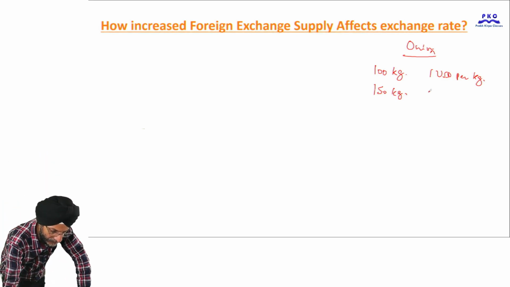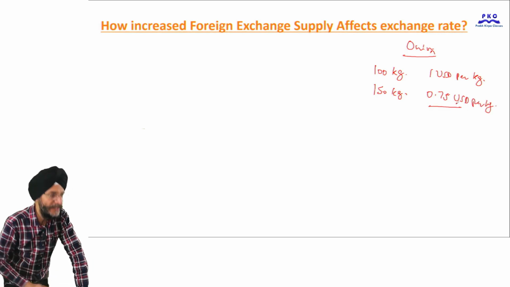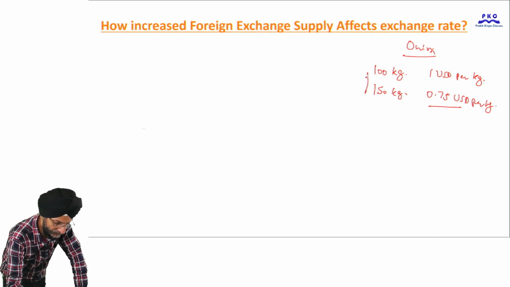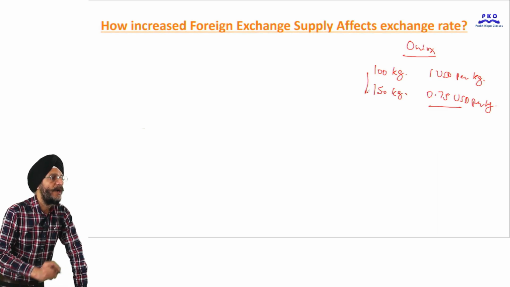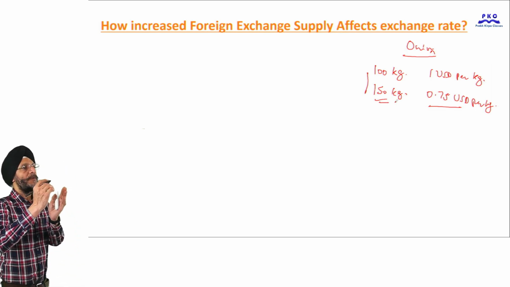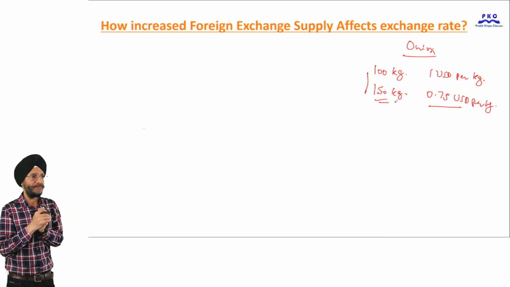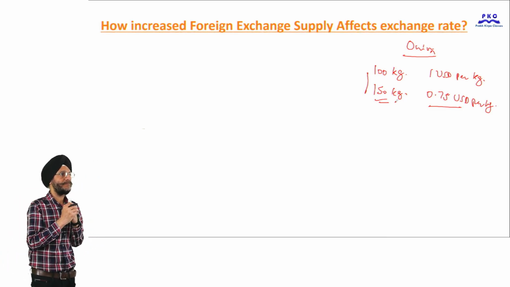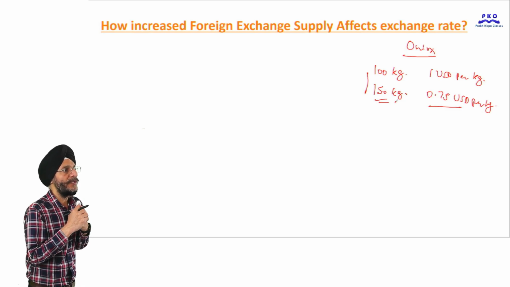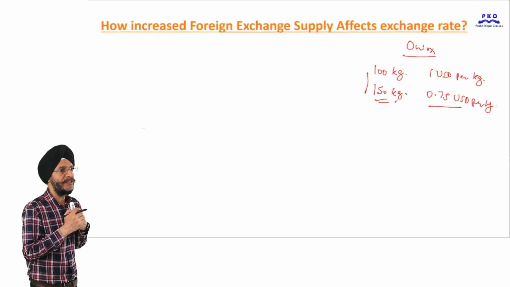Then it is likely that the price of onion per kg may decrease because the supply has increased from 100 to 150. So the price of onion is likely to fall. In the same way, when the foreign exchange supply increases, what will happen to the exchange rate? This is to find out.